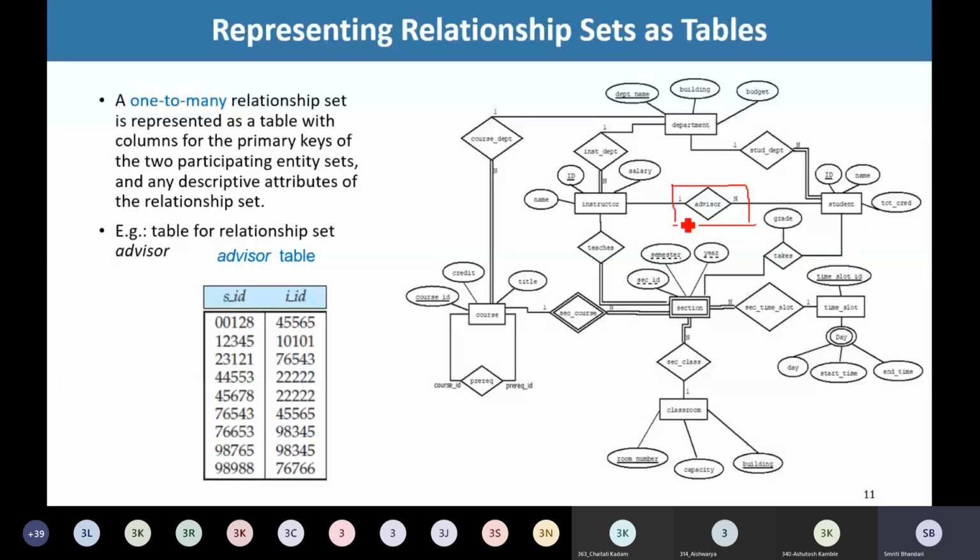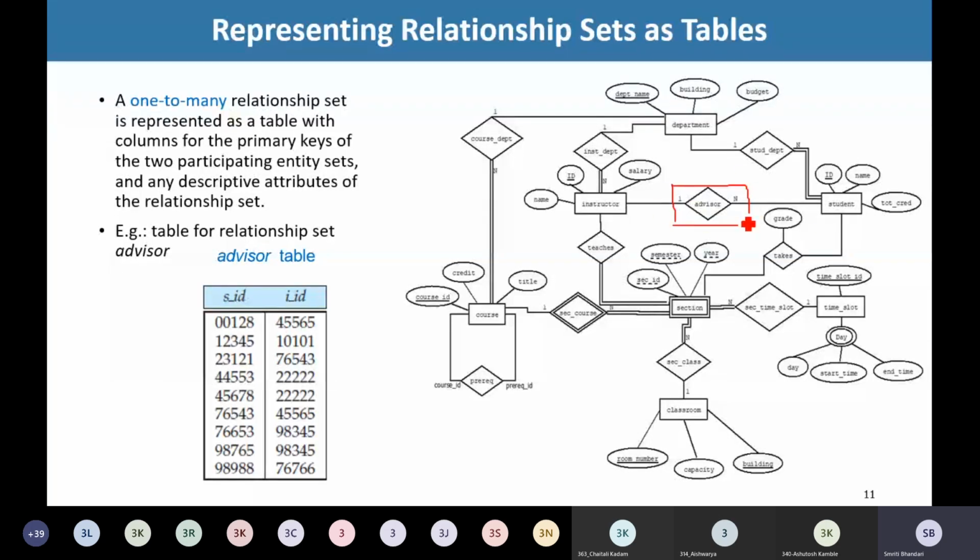The primary key of student is ID, and the primary key of instructor is also ID. In a table I cannot have two columns with the same name, and I also want to distinguish which is the student ID and which is the instructor ID.